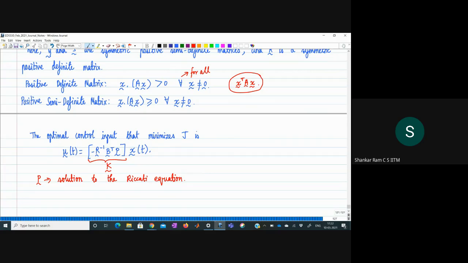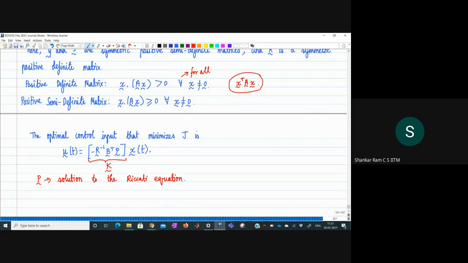So I just wanted to introduce you to this without going into the details of the mathematics. I wanted to convey that there are optimal controllers which help us obtain the control gain K by optimizing certain performance indices. A common example is this LQR controller, the linear quadratic regulator.